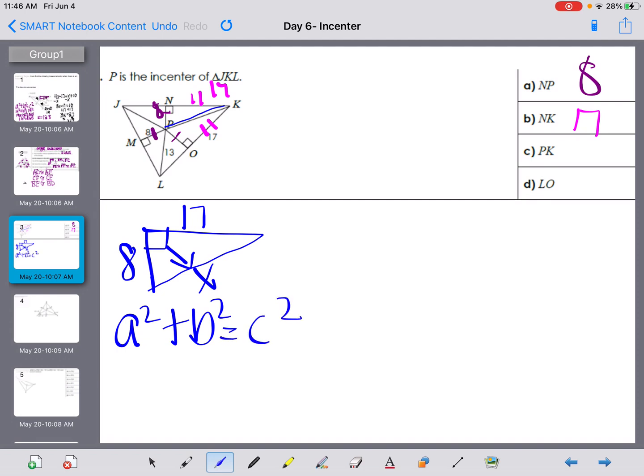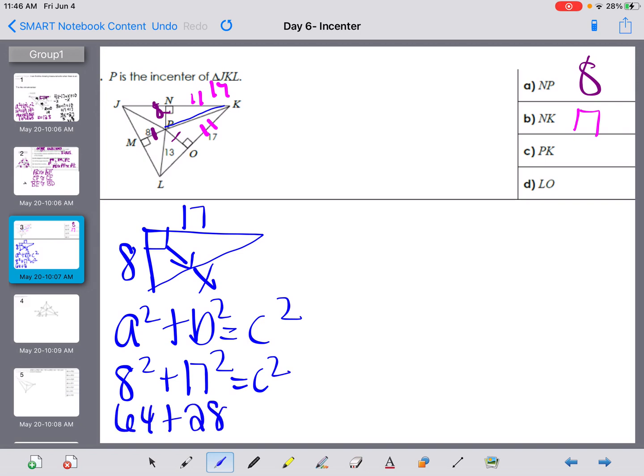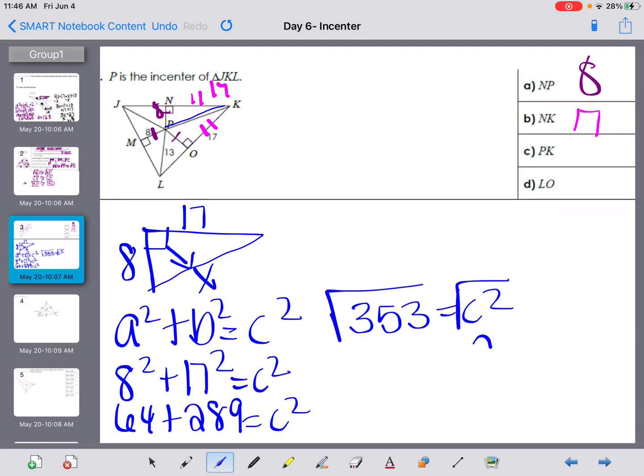Remember, my C is always across from my right angle. So this is 8 squared plus 17 squared equals C squared. We have 64 plus 289 equals C squared. 353 equals C squared. I'm going to take the square root. So C equals 18.8.